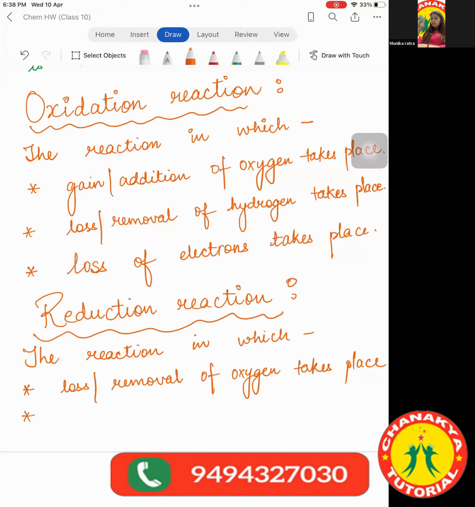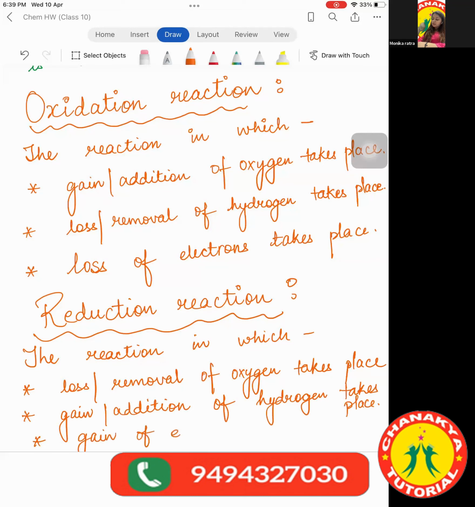Then the second thing would be gain or addition of hydrogen. And lastly, when the gain of electrons occurs, then we say that reduction has taken place. I hope the definitions are clear.